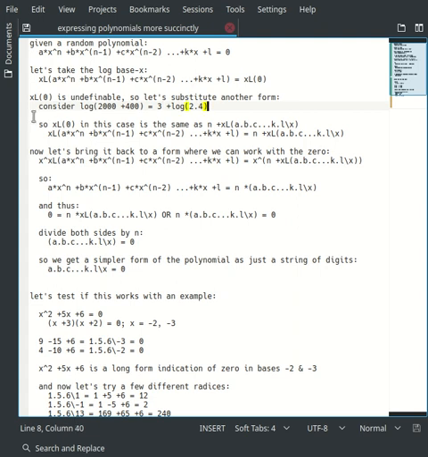So log base x of 0 in this case is the same as n plus log base x of basically just the string of digits in your radix x.